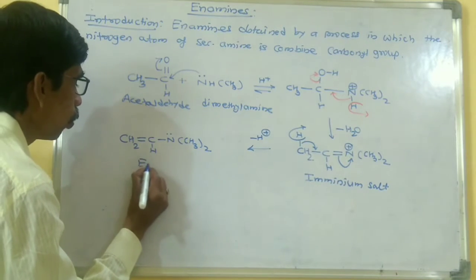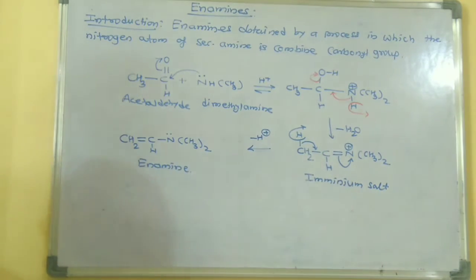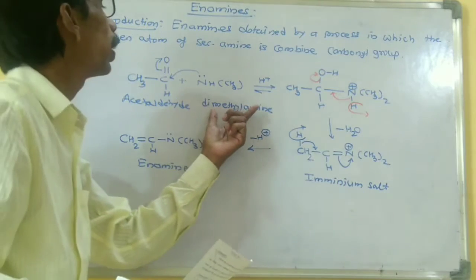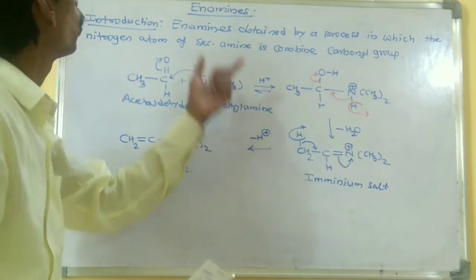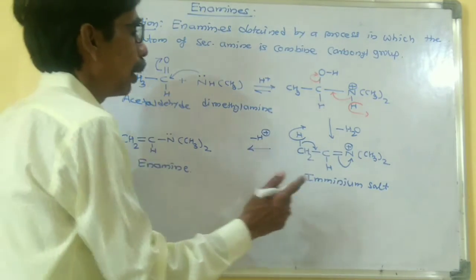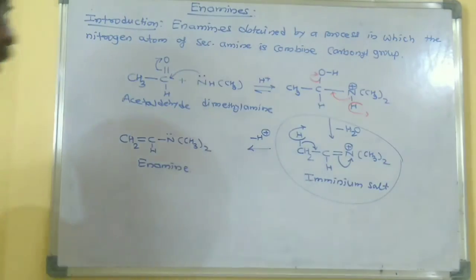This is the formation of enamine. So in this case, this carbonyl compound and secondary amine combine to form the enamine, in which the intermediate compound iminium salt is formed. This is the iminium salt.